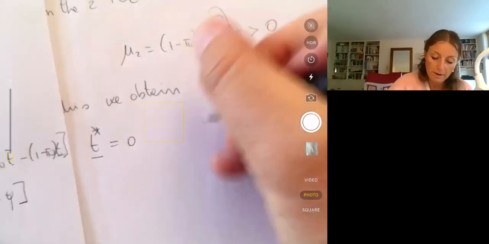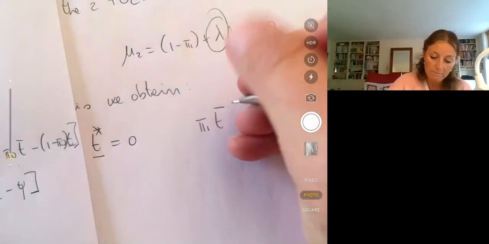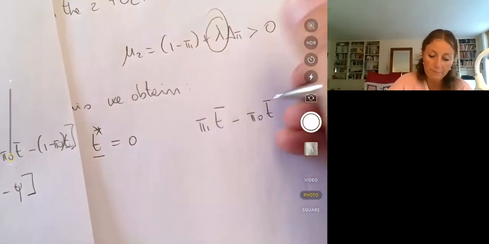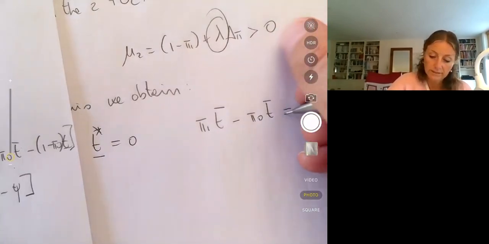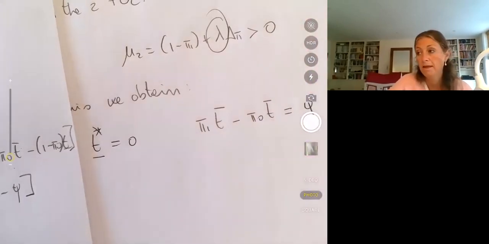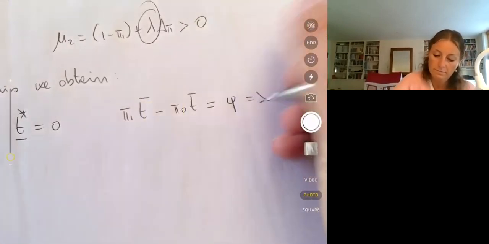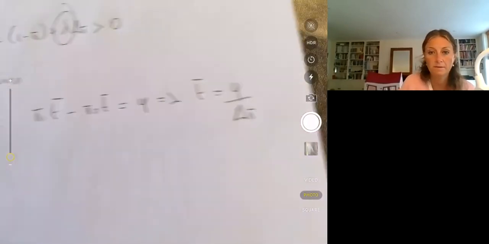We get pi 1 times T upper bar minus pi naught T upper bar equal to psi, and therefore we get that T upper bar is equal to psi divided by delta pi.